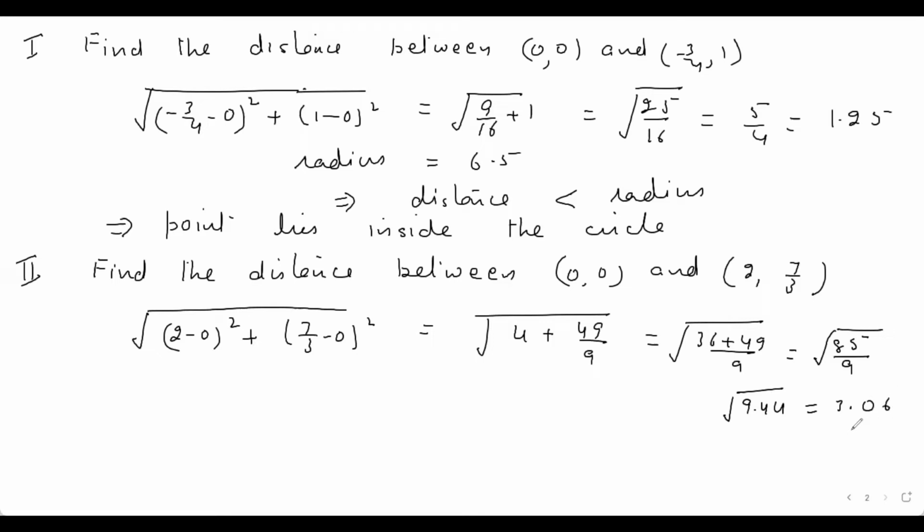That means that is equal to 3.1. 3.1 is less than 6.5. So it implies distance is less than radius. So it implies the point lies inside the circle.